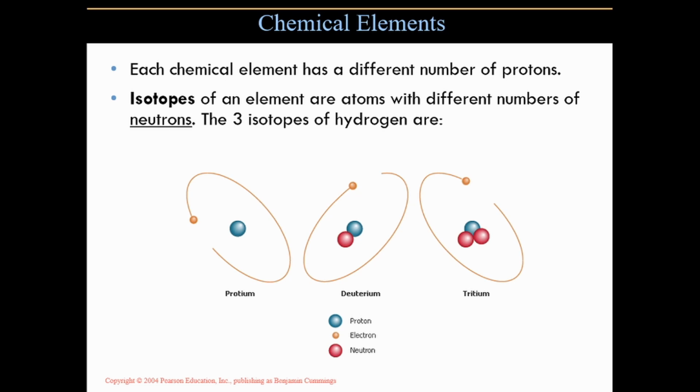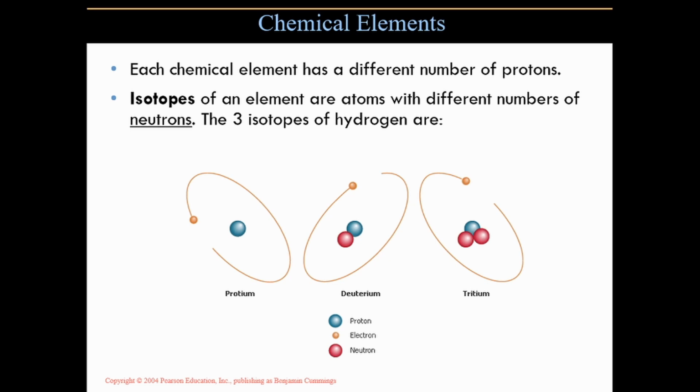And then this is what contributes to the atomic mass. So for example, hydrogen has an atomic mass of approximately 1.008. That's a rounded off number. Now you'll notice that the atomic mass, if you look at a periodic table, of nearly all of the elements, is not a whole number.